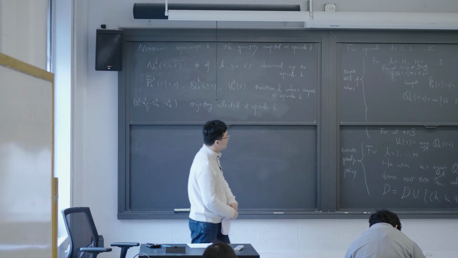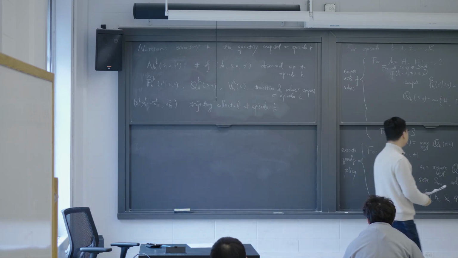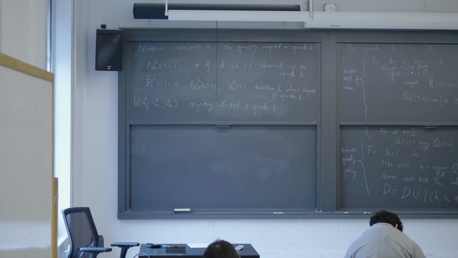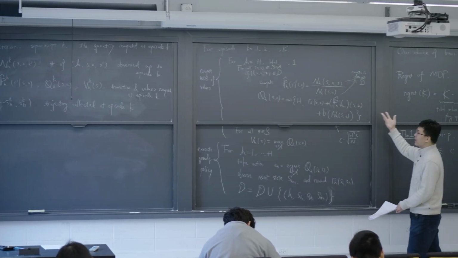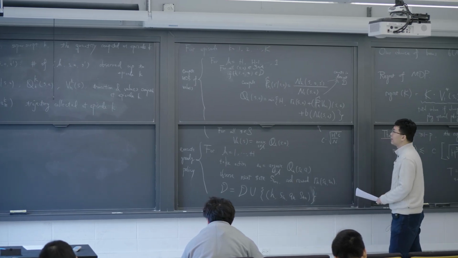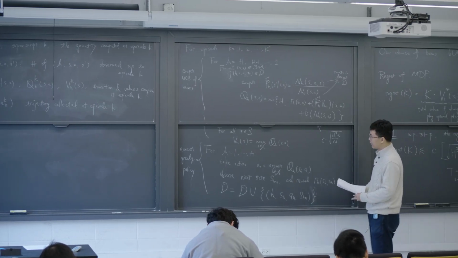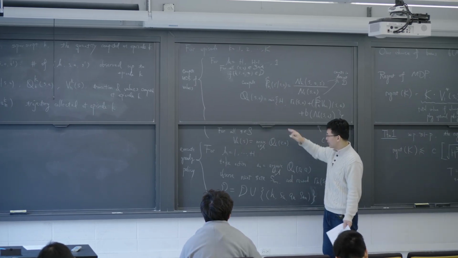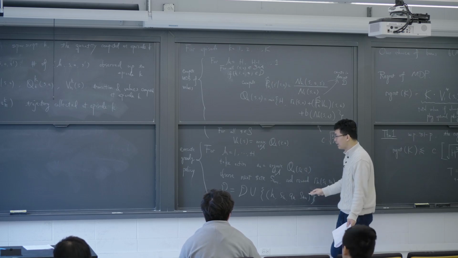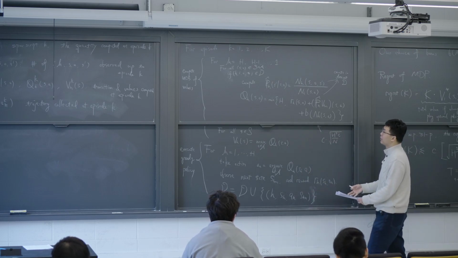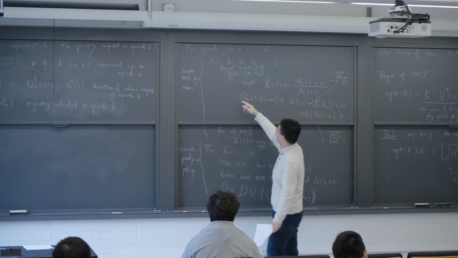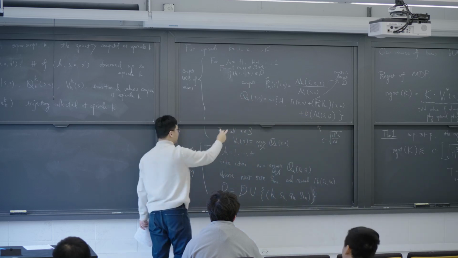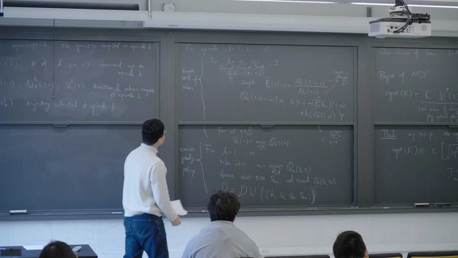By the way, I forgot to mention that there's one thing we need to be careful about. In value iteration in the episodic setting, we only do one pass of value iteration. But here in the exploration setting, at every episode we're collecting one new trajectory, and after collecting one new trajectory, we do a full pass of value iteration. So we recompute a value iteration pass at every episode.